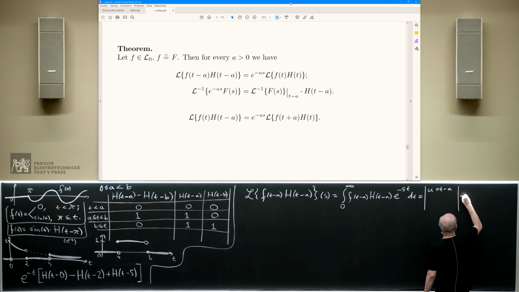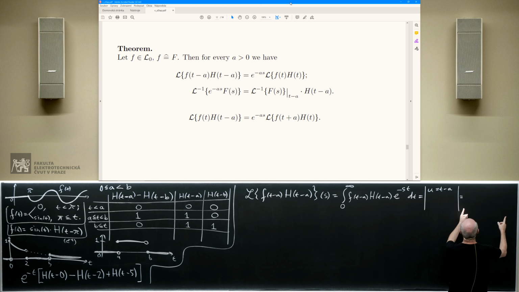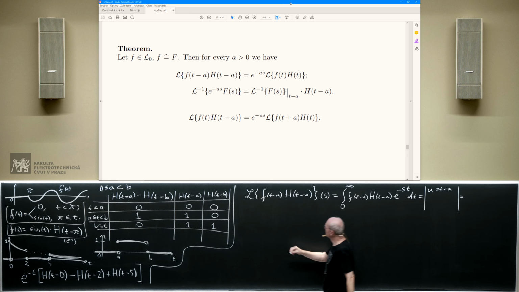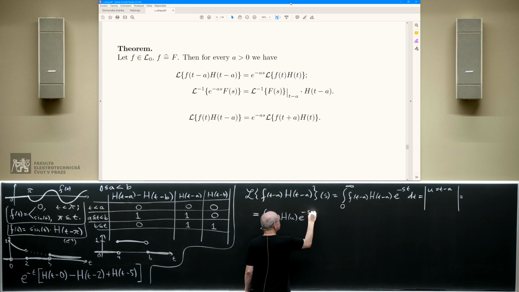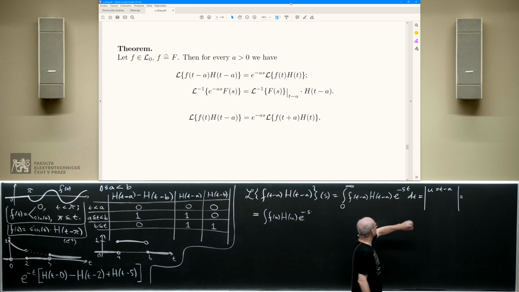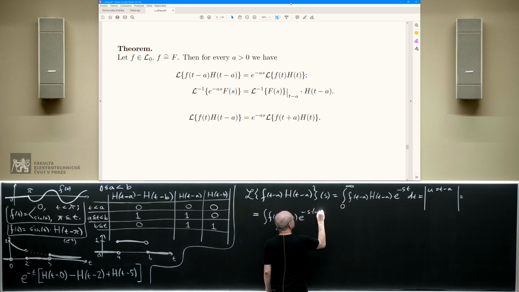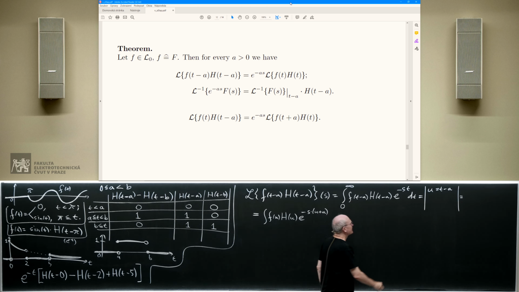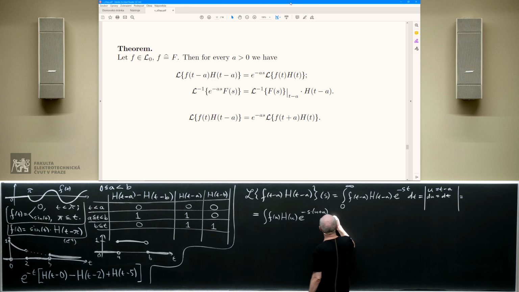So, integral f(u) h(u) e to negative s times, and here we have to think a little bit. t is u plus a. So far, so good. Now, that's just a shift substitution, so the differentials just carry over like that.